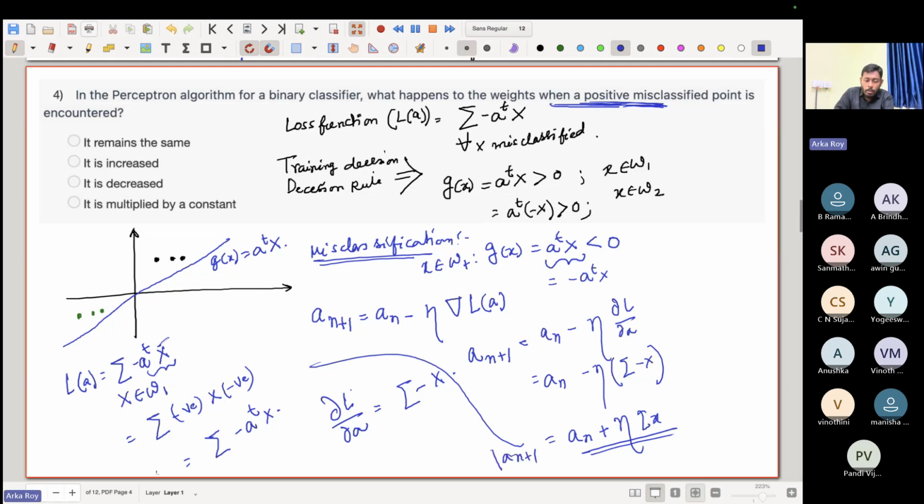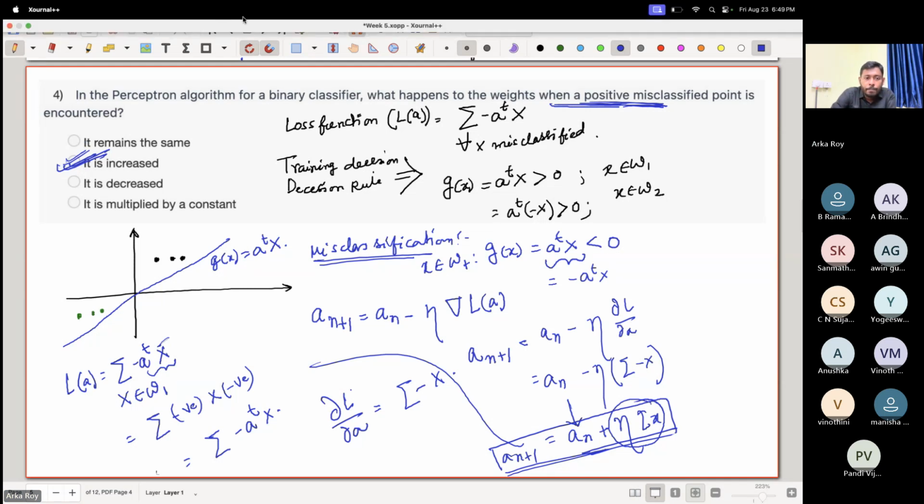So over here, you can see that A n plus 1 is equal to A n plus eta into summation of X. So initially your value was A n. Now you are adding to A n some positive quantity. So that means the answer should be it is increased. I have seen that in the week's quiz they have written it remains same, but this is not the correct answer. The correct answer is it is increased.